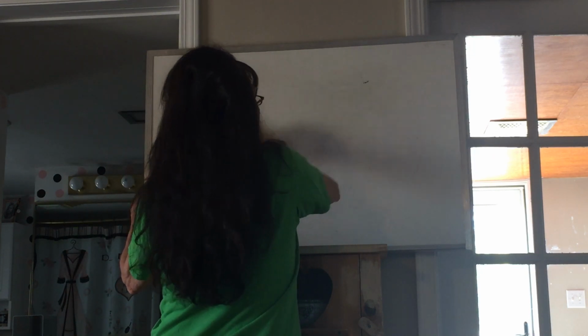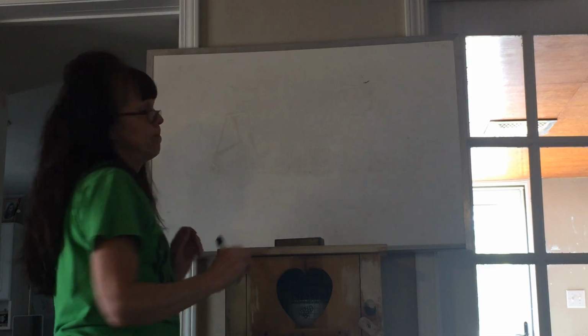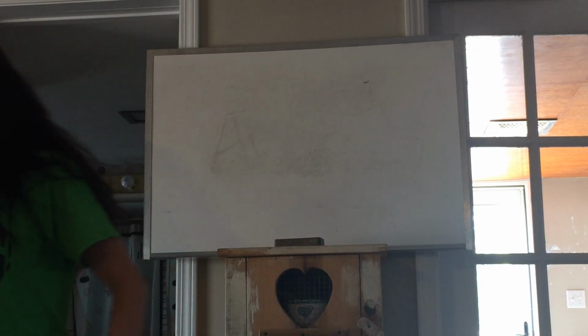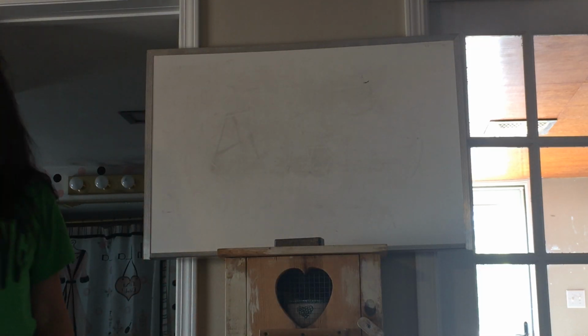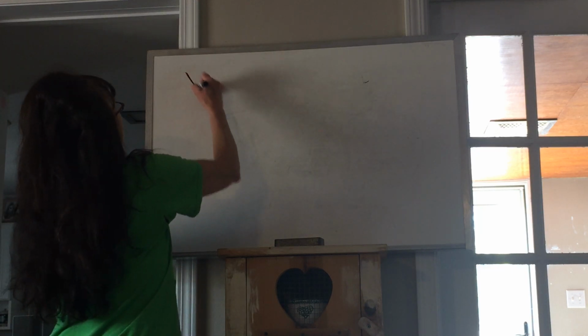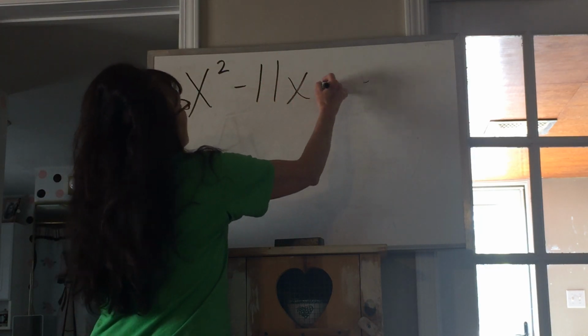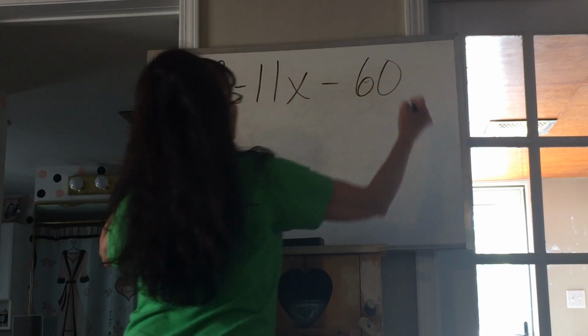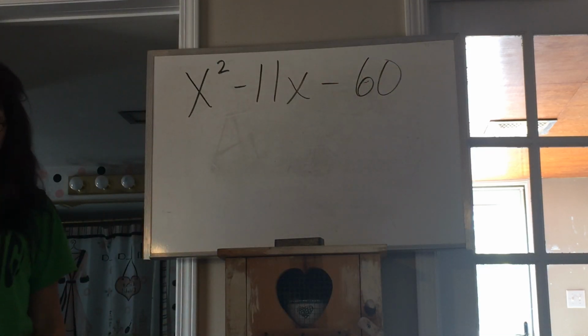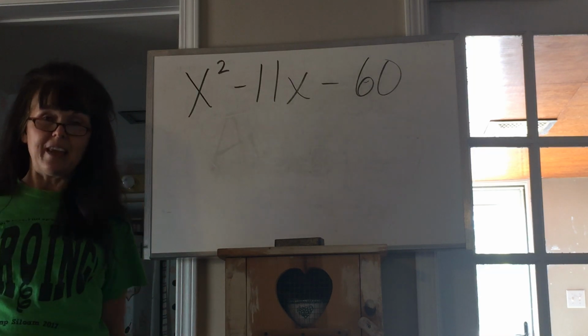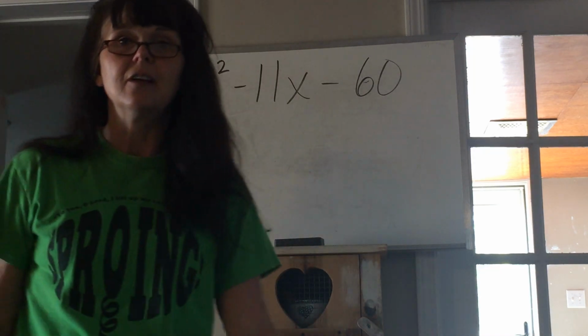Okay. Example 3. So, x squared minus 11x minus 60. Oh, there's going to be a list on the 60s. Who wants to say them out loud with me? Yeah, sound like Mickey Mouse.